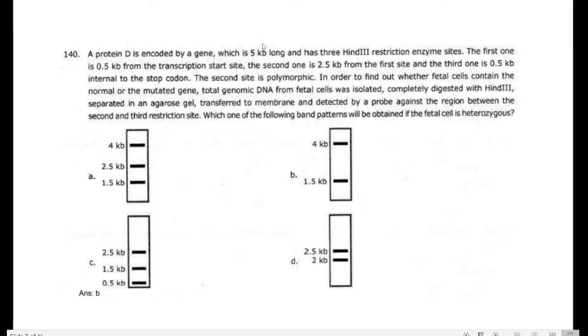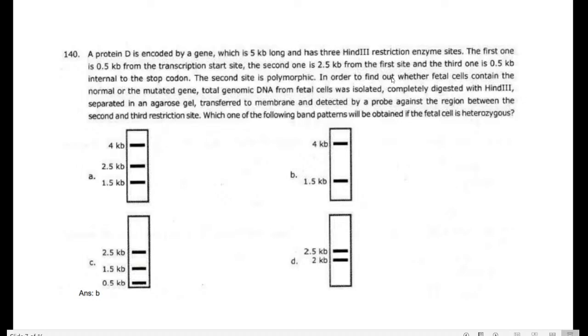The first one is 0.5 kb from the transcription start site. The second one is the polymorphic one.